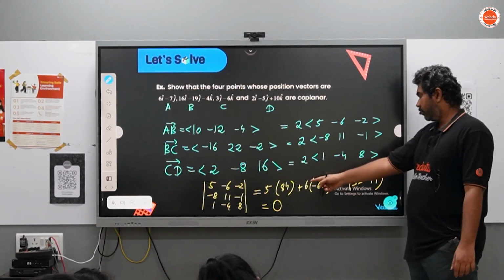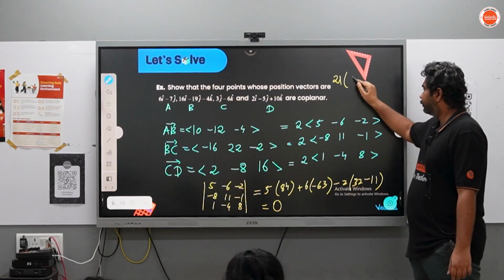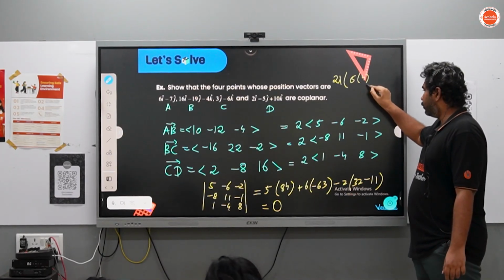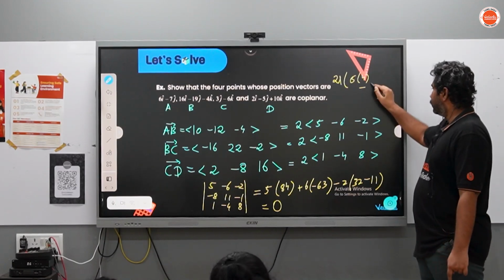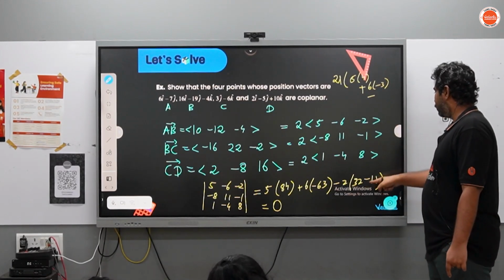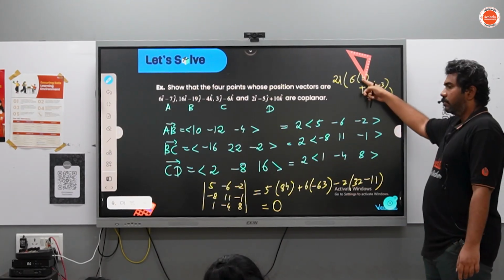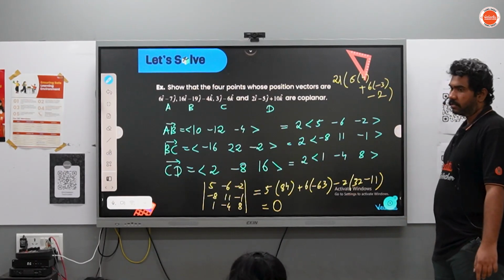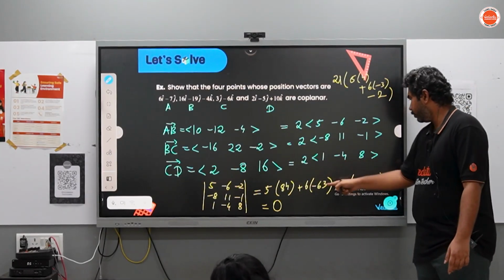Now we can take 21 as a common factor also, and you can see 21 into 5 times of 4, 21 3s are 63, 6 into minus 3 minus 2, yes 0, 20 minus 18 minus 2, 0. Okay, 21 was a common factor for 84, 63 and 21.